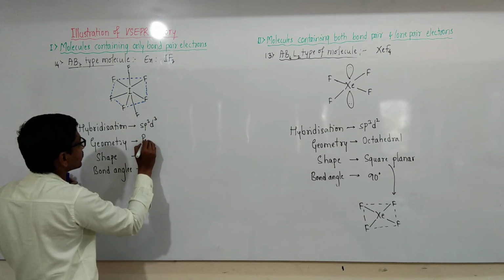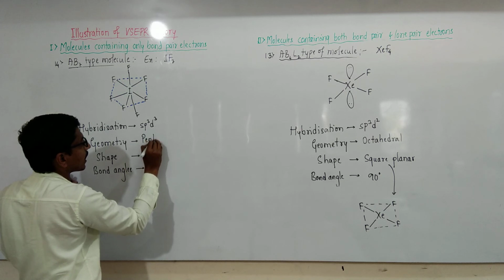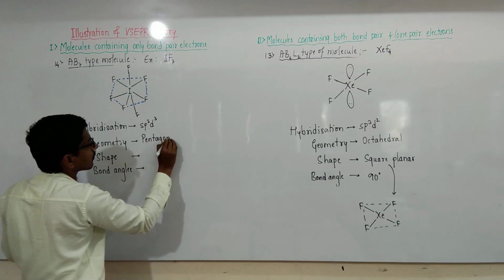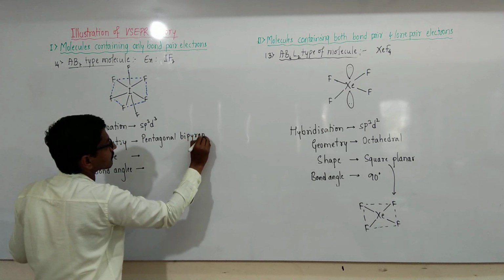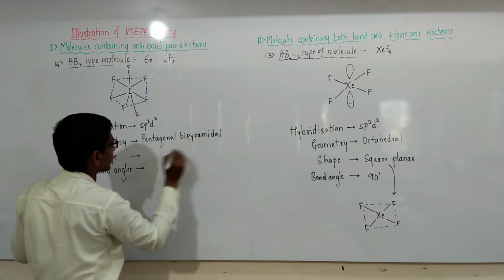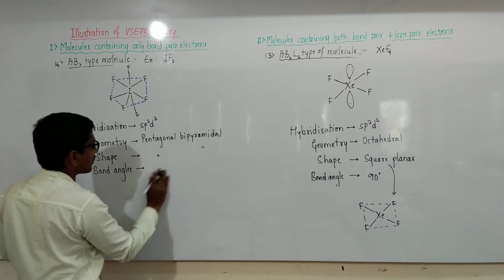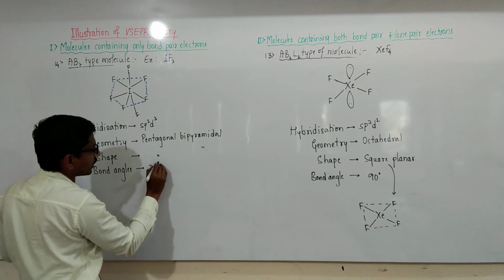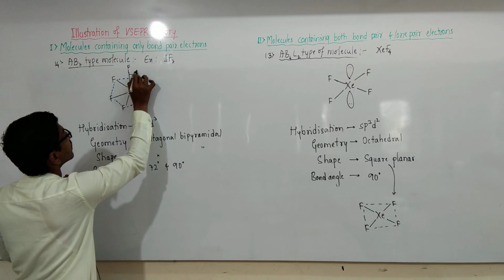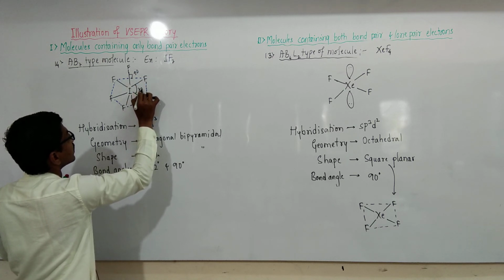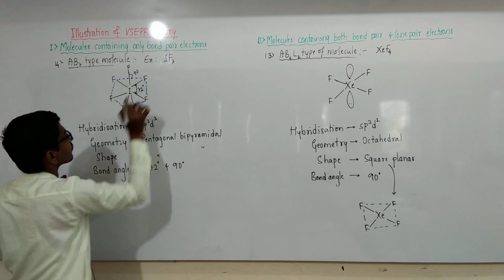Geometry as well as shape both are the same, that is pentagonal bipyramidal. Bond angles are 72 degree and 90 degree. This is 90 degree and this is 72 degree.